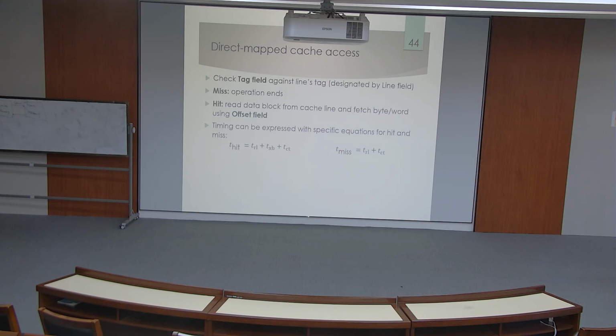We talked about direct mapped cache access. Now, because we have many blocks in the main memory, and they can't be loaded into the cache memory at the same time, we need the cache memory mapping techniques. We discussed direct map.